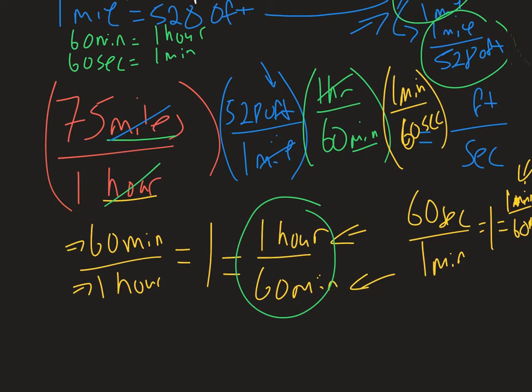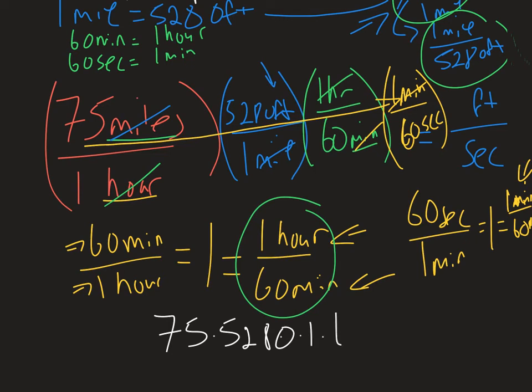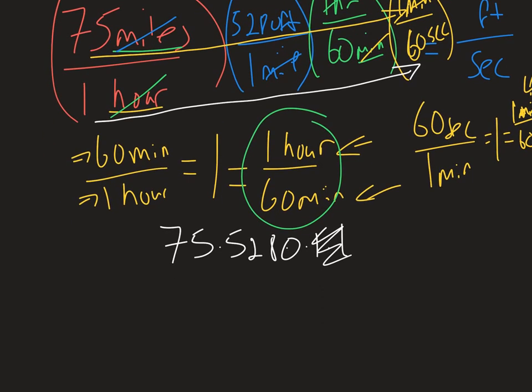Okay, now this looks like a little bit of a mess. And originally, that's kind of what it does look like. But we can use this to guide our thinking. If we look across the top here, what's really happening is I'm going to take 75 times 5,280 times 1 times 1, technically. So the 1's go away. Cool. And we're going to divide that by, if we look across the bottom, 1 times 1 times 60 times 60.